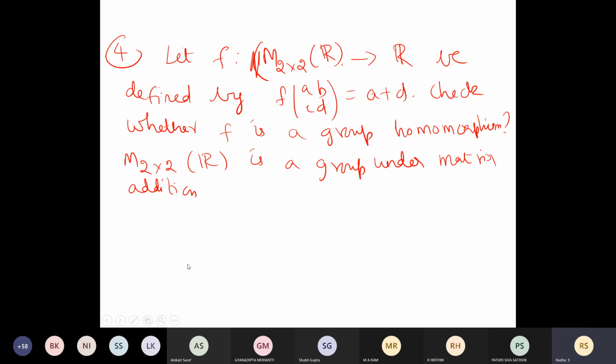Which should be better here? Ma'am, addition. Okay. And ma'am, for R, it is the group under addition we'll consider. Also addition, usual addition. R is a group under usual addition. Can you check whether it is a group homomorphism?